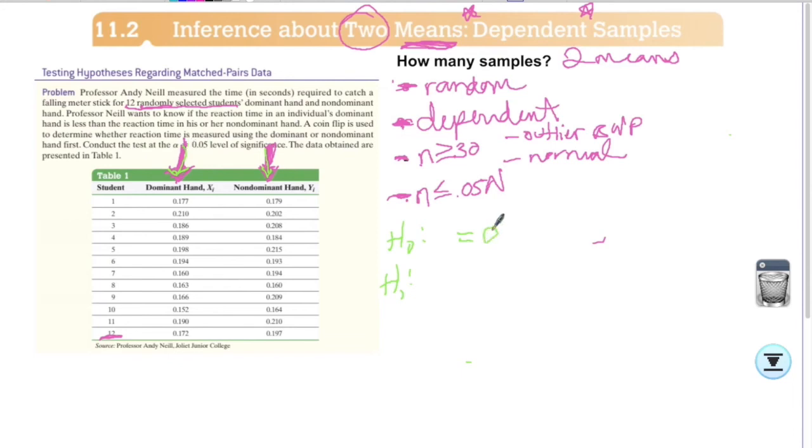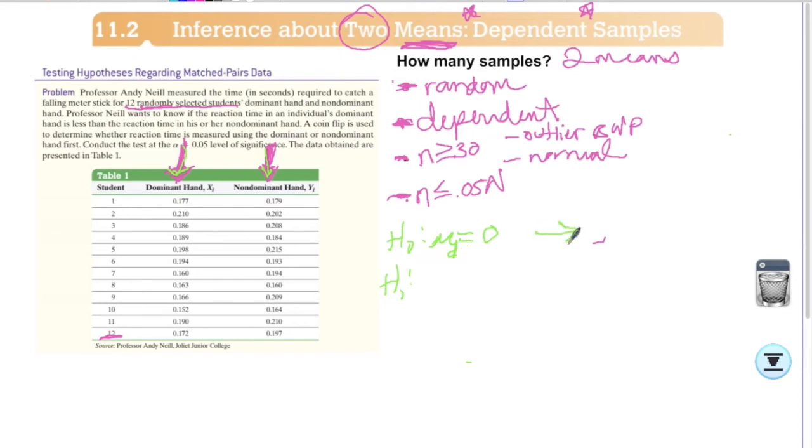The difference between them would be nothing, okay? Now, I used an important word there. I said the difference between them. Like if we were to subtract both of them, our difference would be 0 because there's no change. And the way we model that is by using our mu, and then we put a little d here. So this means the average difference, okay? The average difference would equal 0.